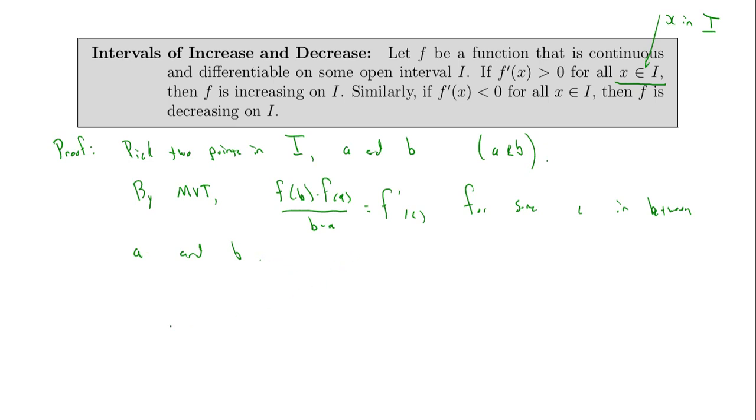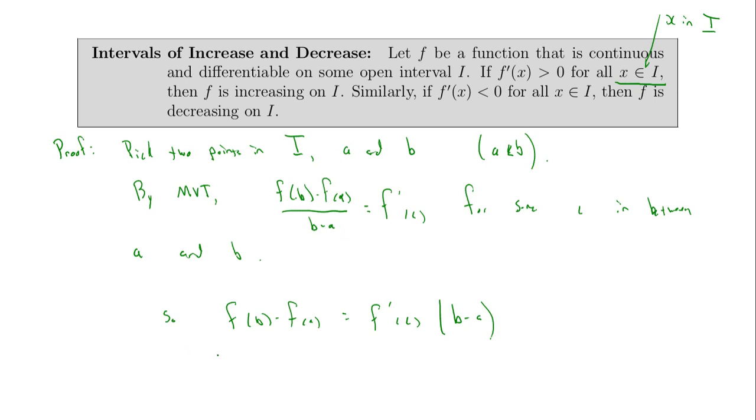Another way of writing this is saying f of b minus f of a is going to equal f prime of c times b minus a. I've just multiplied the denominator out. So this is true for some point c and for two random points a and b.